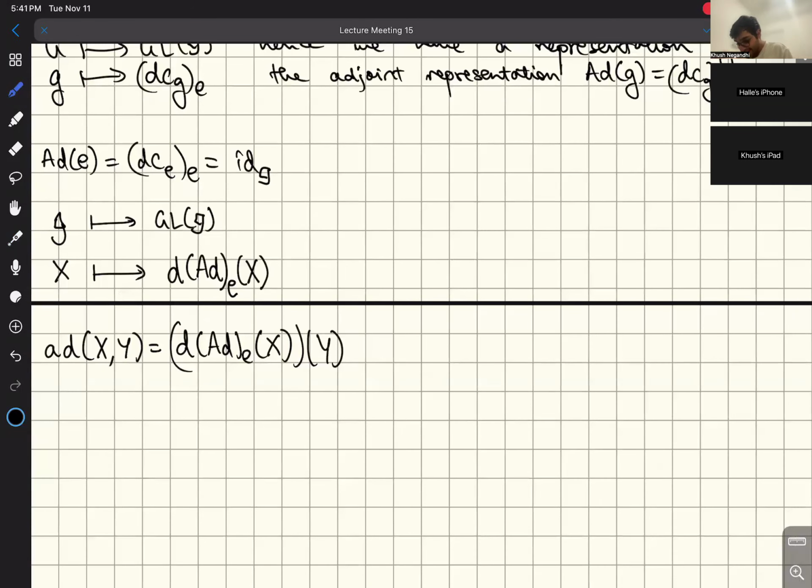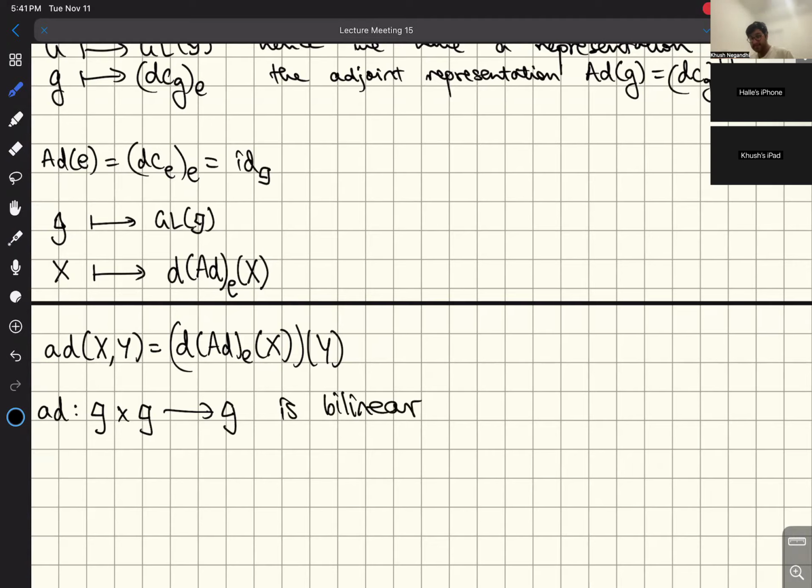And so what this says is that ad, from G cross G into G, is bilinear.